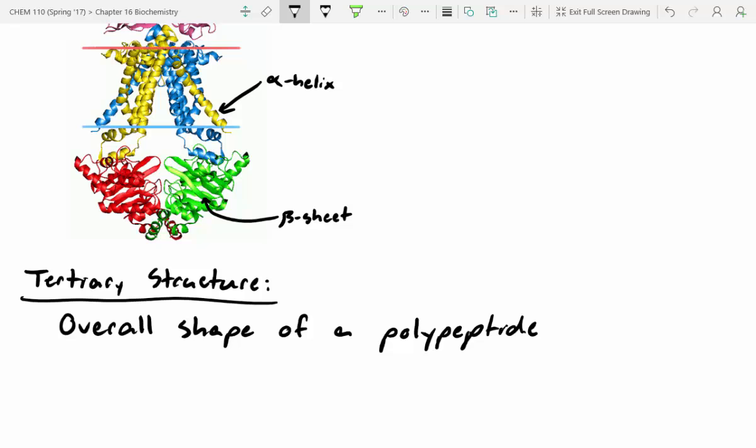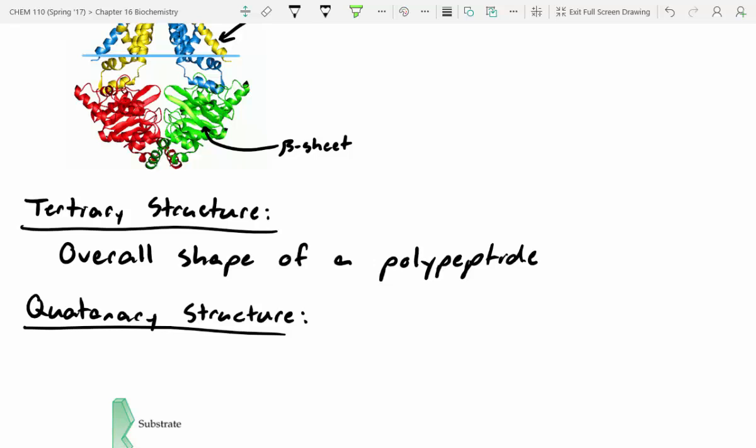Quaternary structures are even more complicated. And a quaternary structure is basically multiple polypeptides forming a complex.